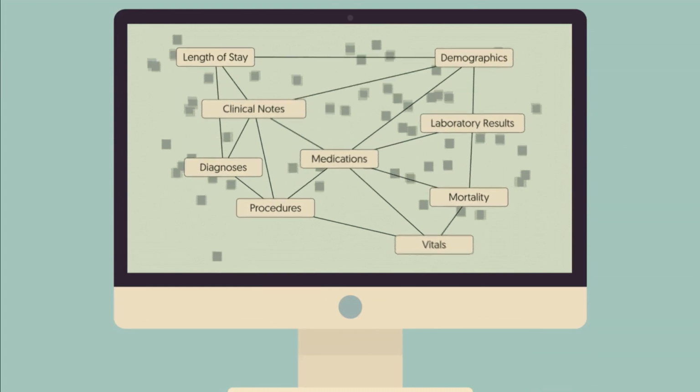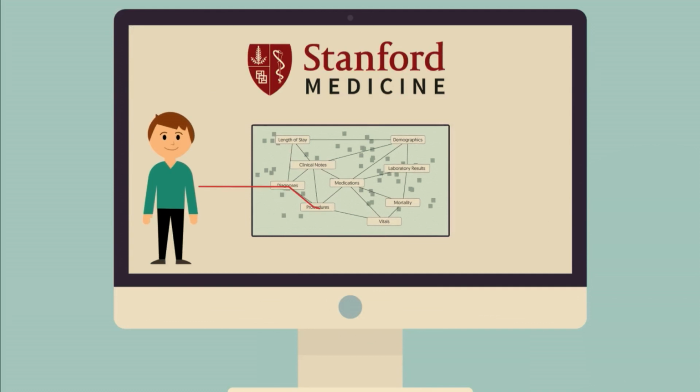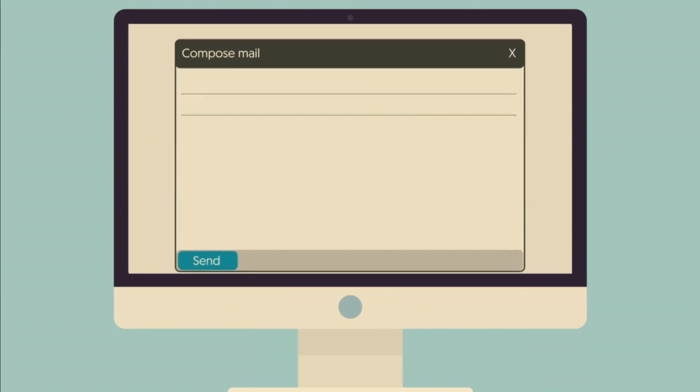Then, using a novel search engine developed at Stanford, we generate patient cohorts in seconds and perform statistical analyses to provide an answer for your clinical question within days. To submit your request, all you need to do is email a question to greenbutton@stanford.edu with the following information: patient population of interest, intervention or exposure to study, description of the cohort you want to compare with, outcome of interest, and time frame over which the analysis should occur.